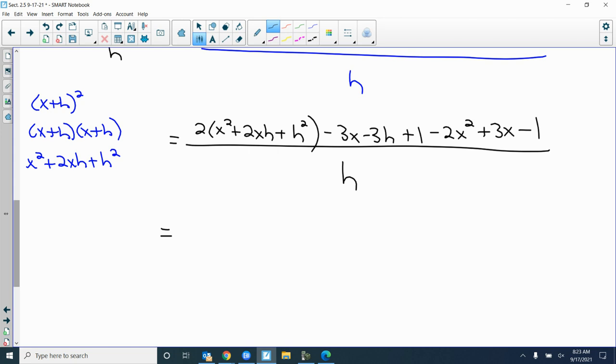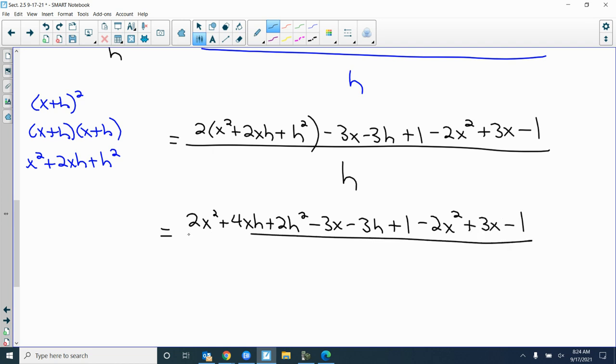Distribute your 2 and combine like terms. 2x squared plus 4xh plus 2h squared minus 3x minus 3h plus 1 minus 2x squared plus 3x minus 1 all over h.